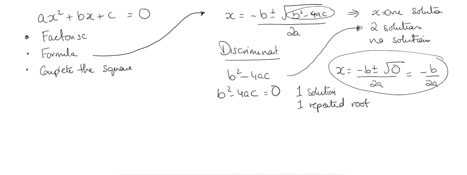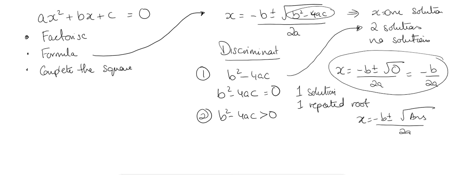Scenario number 2. What if b squared minus 4ac is greater than 0? In that case, you get a positive answer within the square root. So we're looking at something like x equals minus b plus or minus some answer, over 2a. As a result, you'll get two answers.